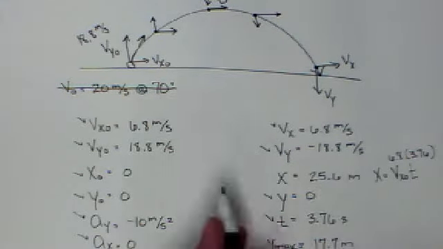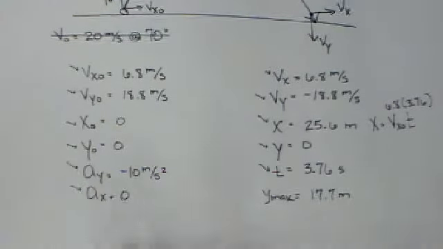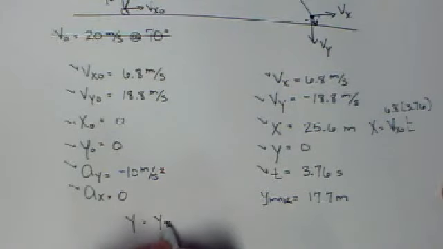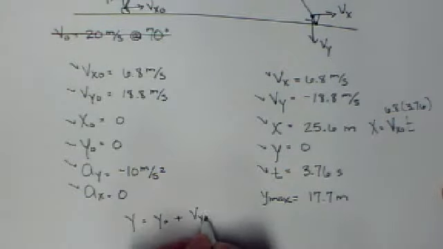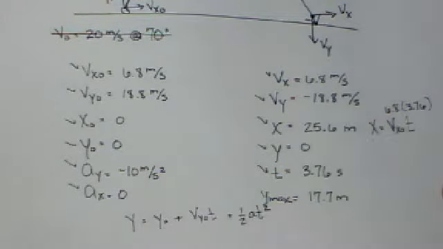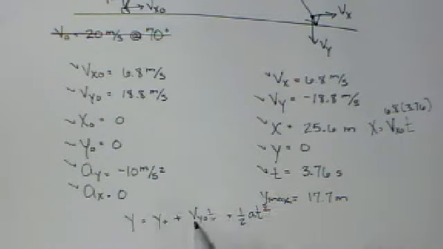Okay, let's talk about y max. There's no equation that has y max in it, but if we look at this equation carefully, I can actually calculate where the ball is vertically at any time I want to.